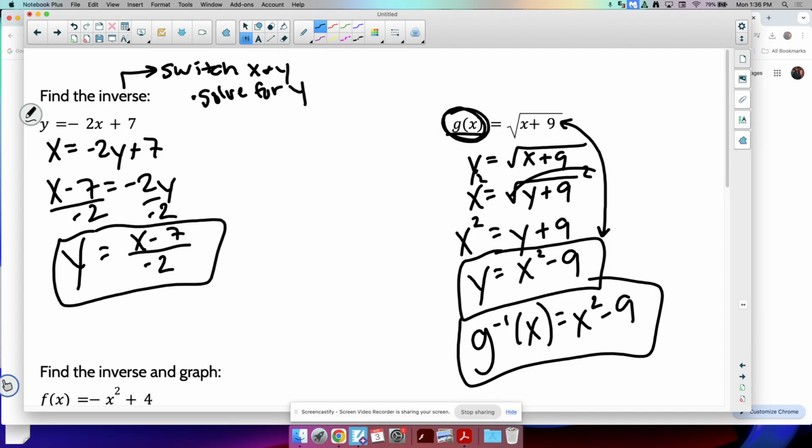The reason you would want to put it as the second one is that if you wrote y equals, technically you should label it as the inverse. But if I tell you g and you give me g to the negative 1, that's you saying it's the inverse. So ACT wise, they're going to have it written this way just because that's the right notation. They mean the same thing though.